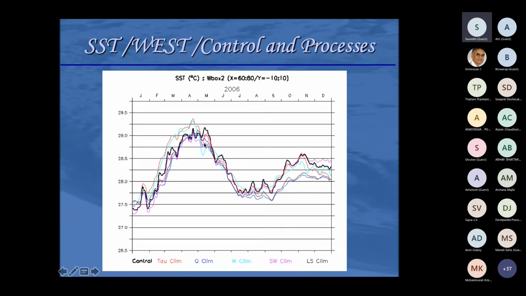That's a run which reproduces the maximum temperature. But when you go to the month of October, we see that other processes are important. For example, blue here, heat fluxes are important here. And there is also contribution coming from latent and sensible heat fluxes. So the processes are different for the eastern and western side.